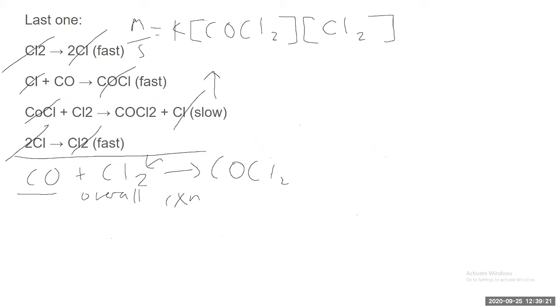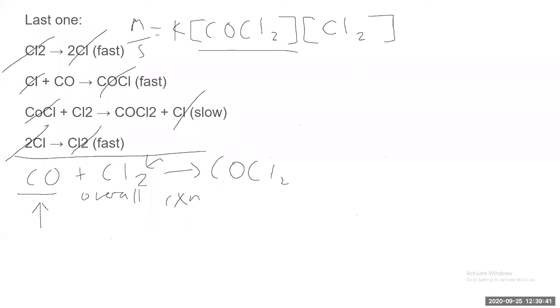Now, problem here. Cl2 is in the overall reaction, but COCl2 is not in the overall reaction. We need CO, carbon monoxide. Sorry about that. So how do we do that? We need to use a different mechanism.